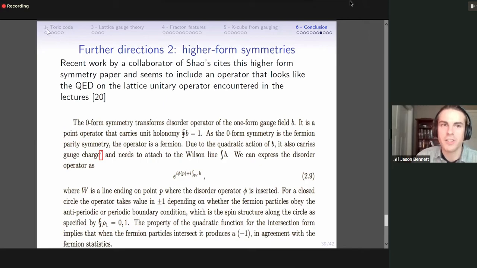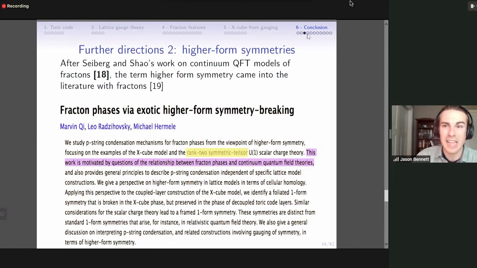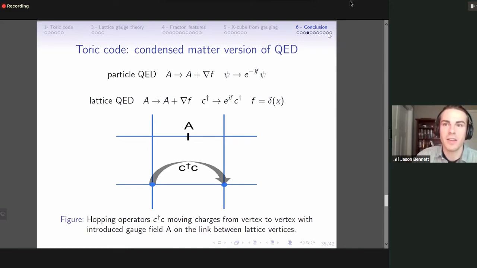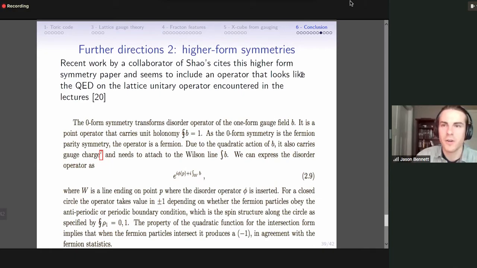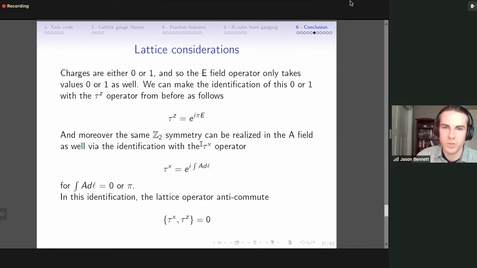One of the motivations for the toric code in a physical sense was something called QED on the lattice. And if I compare this term here with what I was experiencing at the very end of this section, which I'll get to in a second, it looked similar to me.